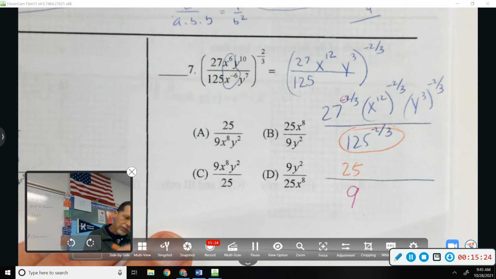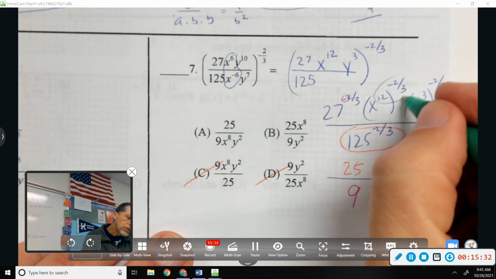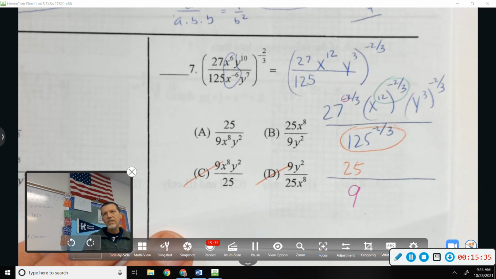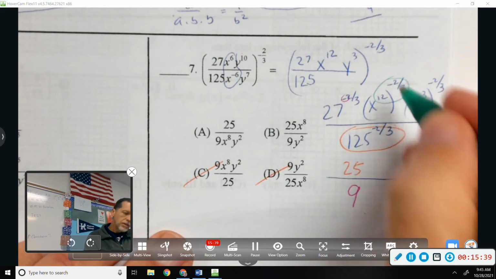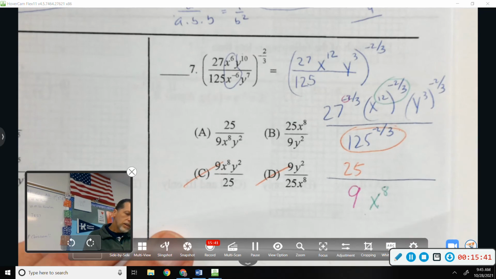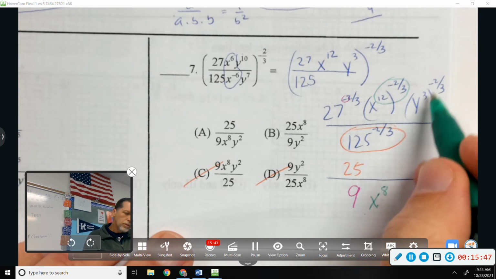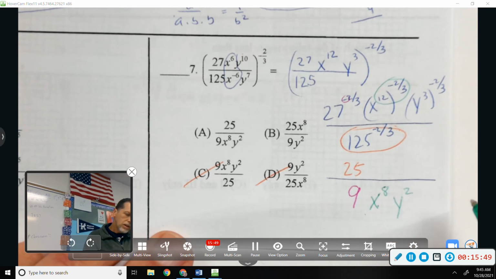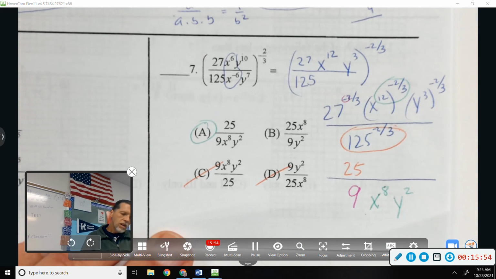So already I'm feeling pretty good about A and B. Let's see. X to the, well, 2/3 of 12 is 8. 24 divided by 3 is 8. Negative means flip it over. So x to the 8 in the bottom. 2/3 of 3 is 2, but negative is in the bottom. Could you write out how you found it for extra?